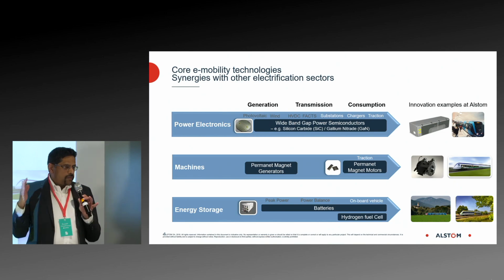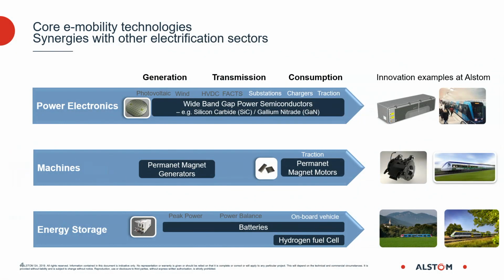There's also a big trend, of course, the whole electrification and transportation transformation that's going on, encompassing everything from generation to transmission to consumption. And the interesting part is that we have energy storage with batteries, we have permanent magnet machines, and we have the power electronics. All of these are rather expensive technologies, but combined, I think there is a potential for system optimization.